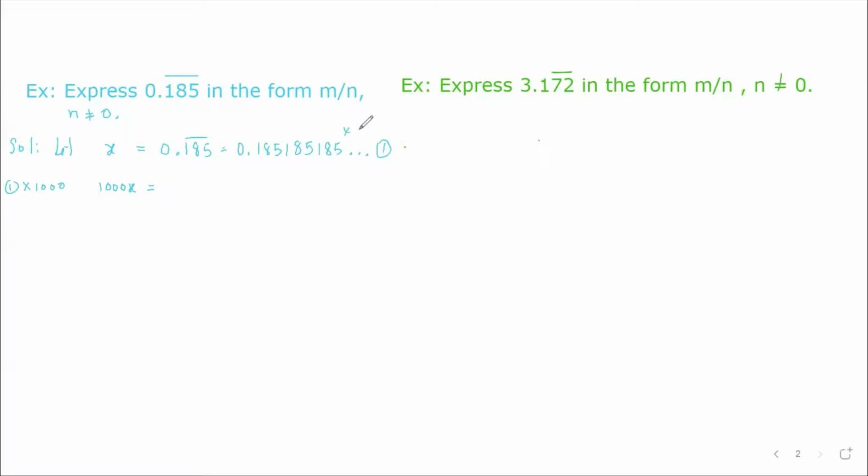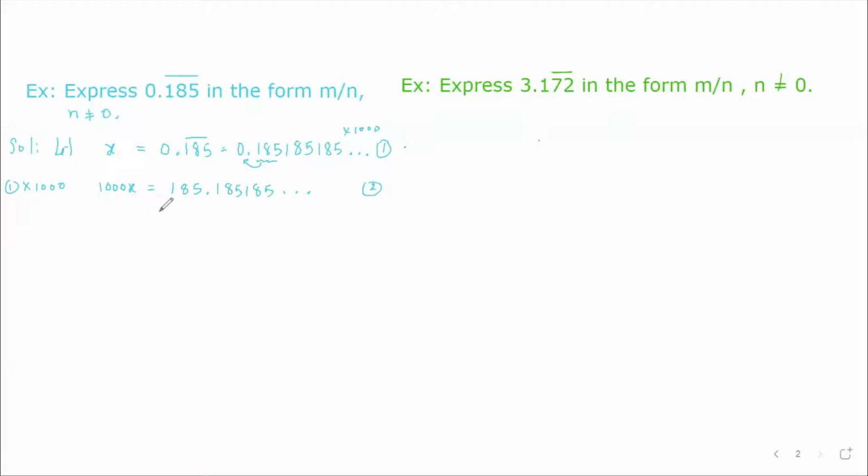On this side times 1000, so the 3 digits 185 will move to the front here. So it becomes 185.185185 dot dot dot, keep repeating. We let this one become equation 2.